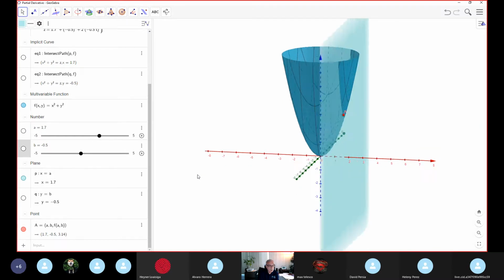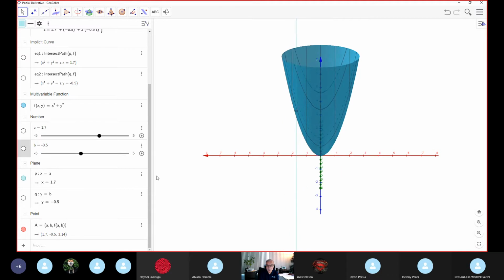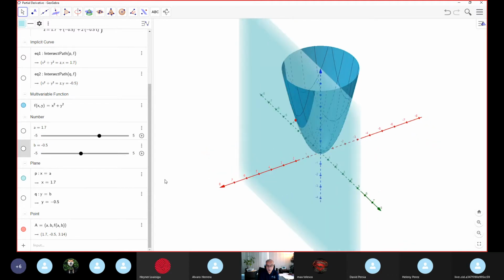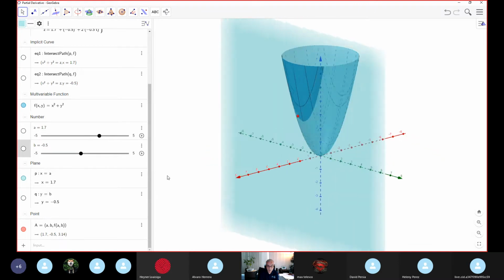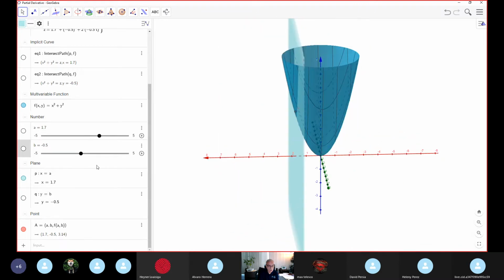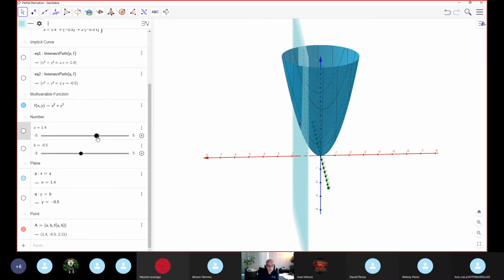X equal something is a plane perpendicular to the x-axis. Remember, x-axis is the red one. So this is x equal constant. I can change it. X equal constant. And the intersection between the paraboloid and the plane is a parabola.